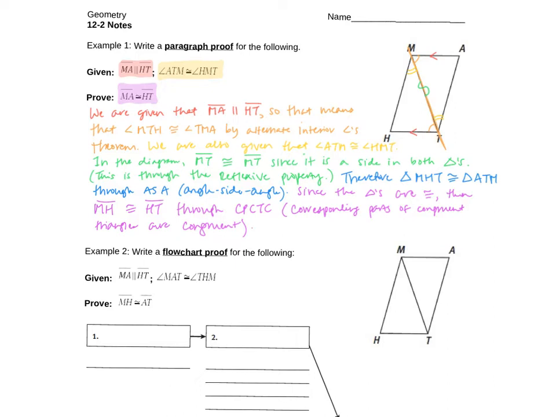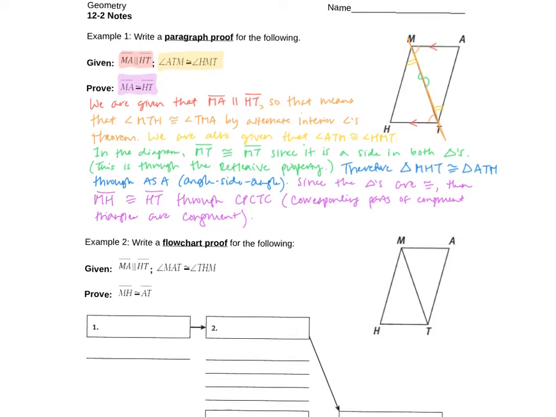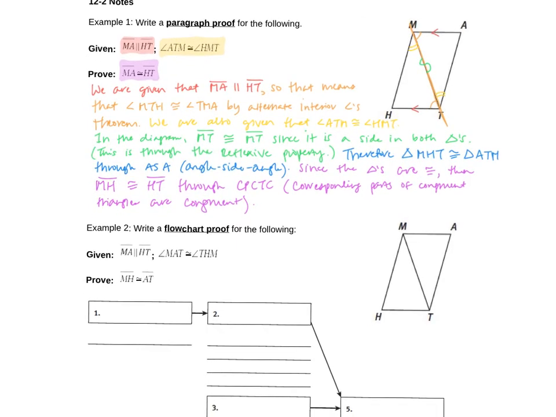We're given almost the same pieces of information. However, we have a different prove statement as well. So it's going to be similar to what we just did in our paragraph proof, analyzing and thinking about, okay, what three pieces of information can I use to prove congruent triangles? And then our proof statement's a little bit different at the end.